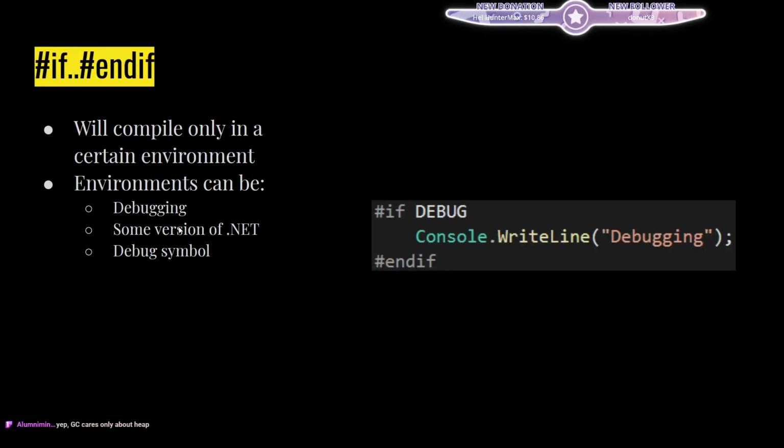And what I can put in instead of debug, I can put a .NET version, I can put debug, I can put some debugging symbol as well. So those are the things that I can put there.